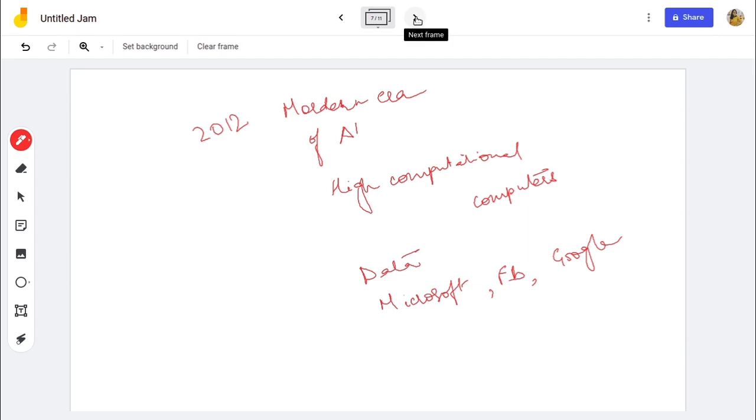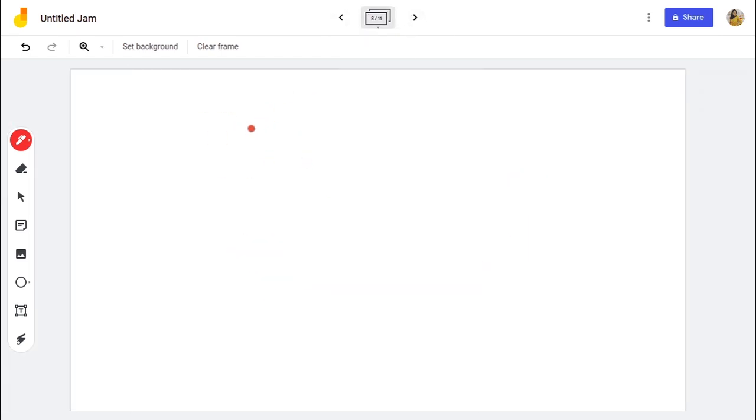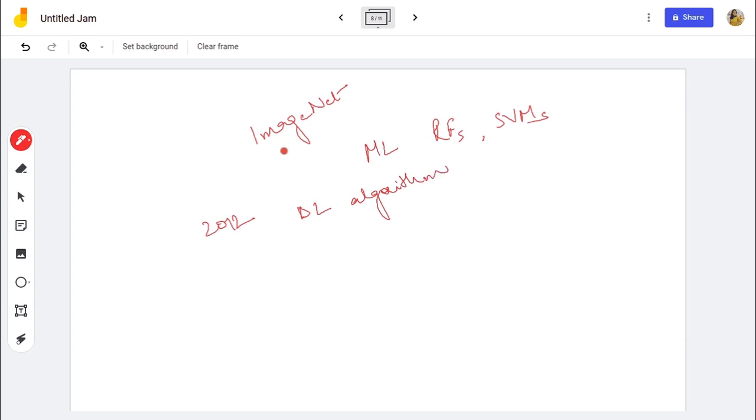So how exactly did deep learning start? Back in 2012, Stanford had this competition called ImageNet. They had it every year, and since deep learning was not very popular, people used to stick with classic machine learning algorithms like random forests or SVMs. But in 2012, a team used a basic deep learning algorithm to solve this ImageNet problem.